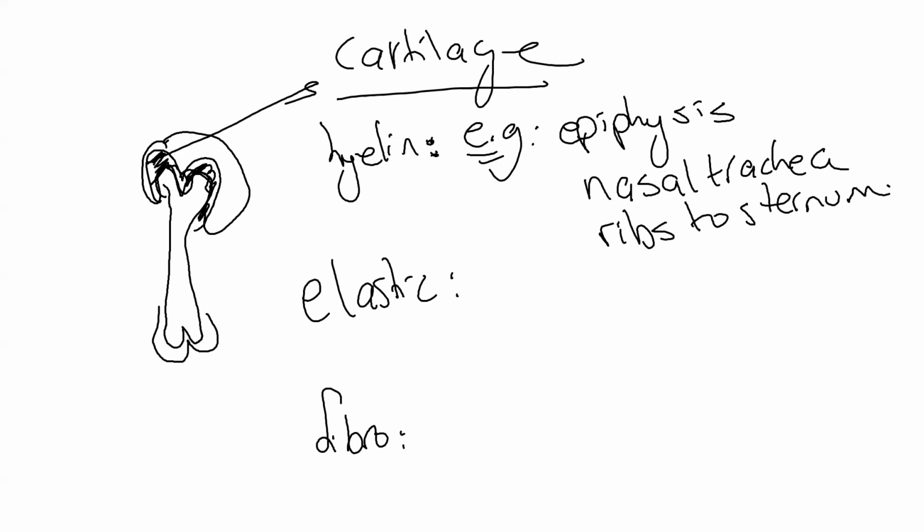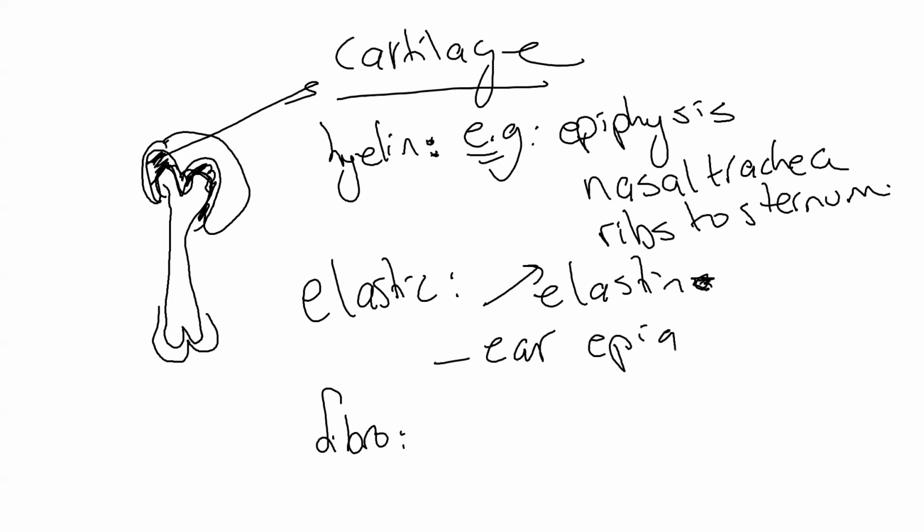However, the elastic cartilage has a very high amount of elastin, as an example in the ear and epiglottis. And the fibrocartilage is in discs and meninges.